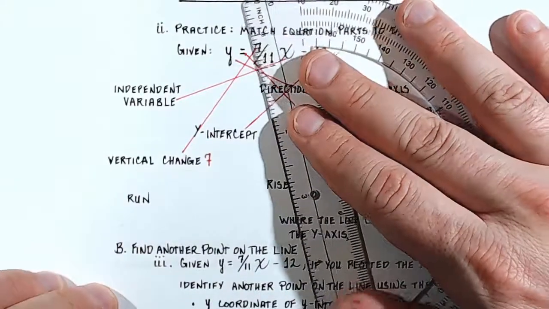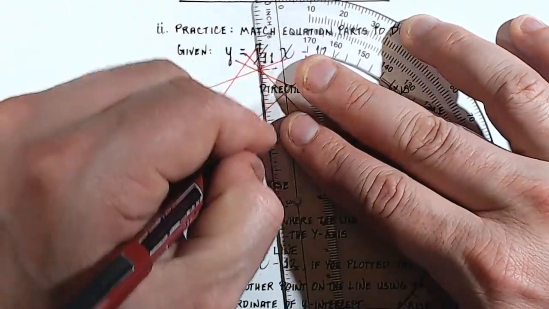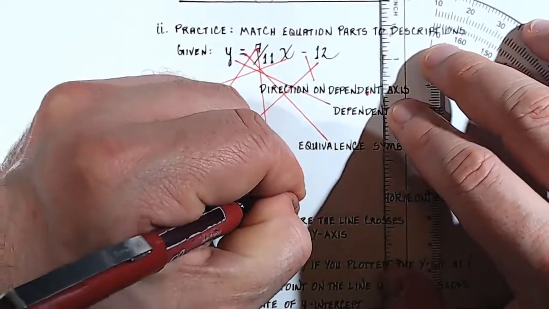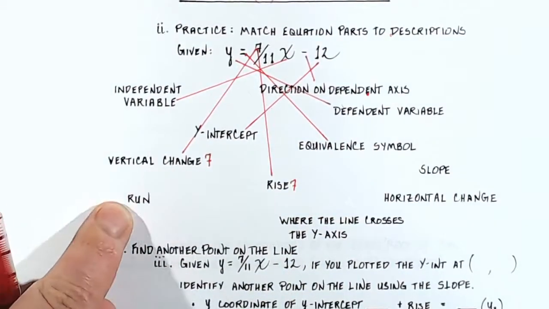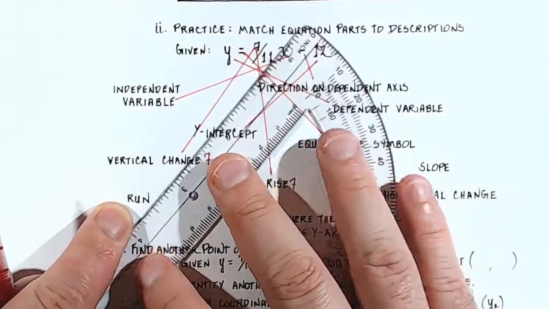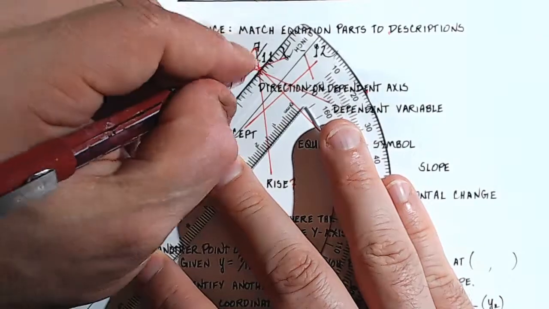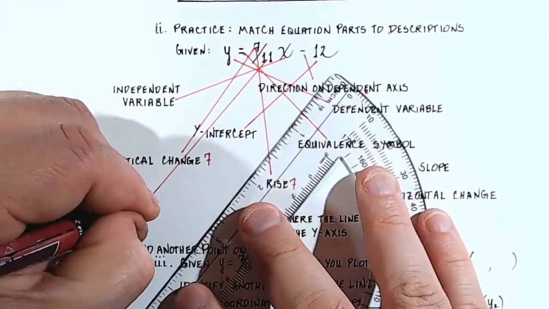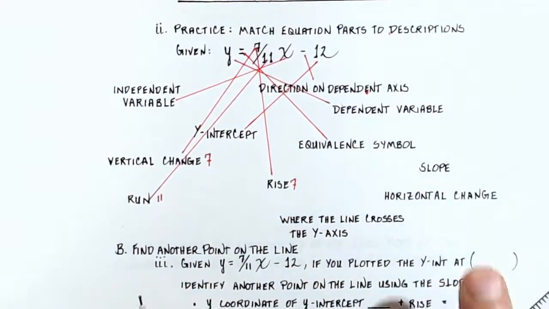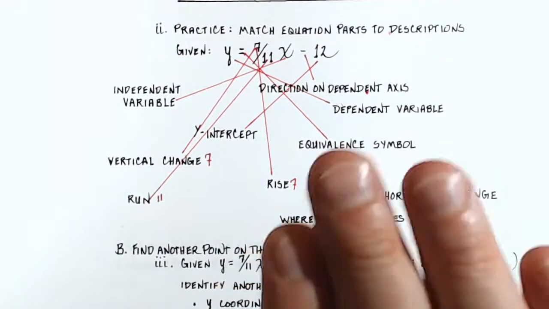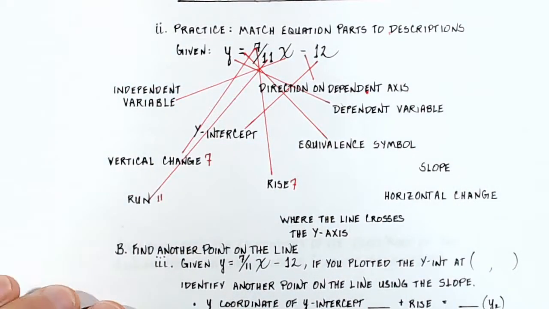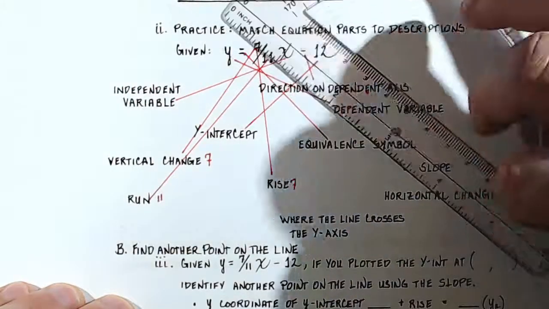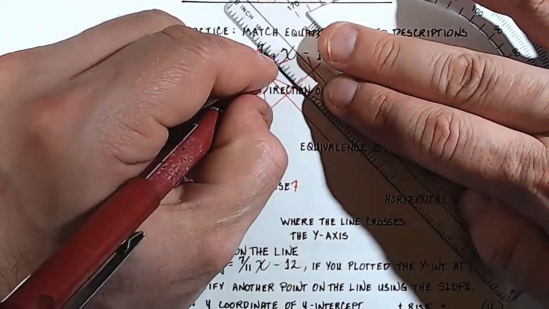Okay, we can draw another line here. Look at the run. The run would be 11. And the run is also the horizontal change. The run is going on the x-axis. So horizontal change is also 11.